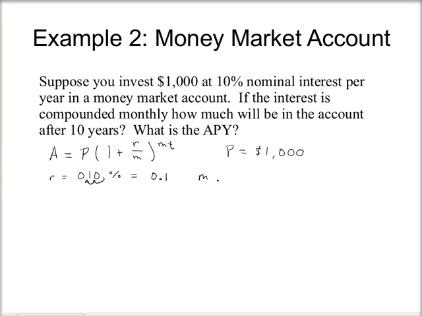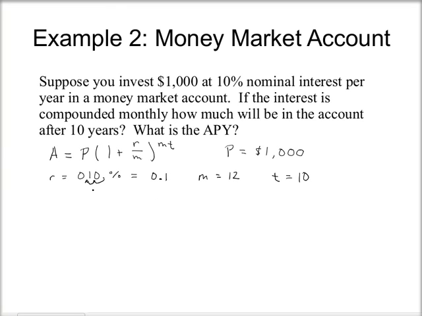M is the number of times that interest is compounded per year, and so interest is compounded monthly, then M is going to be equal to 12. And finally, I'm looking at how much I will have after 10 years. So T, the number of years, is equal to 10.